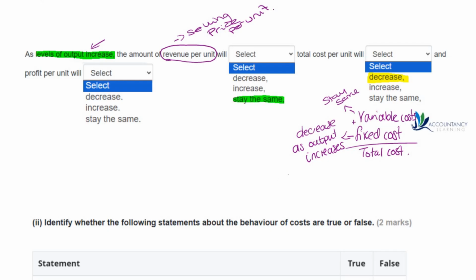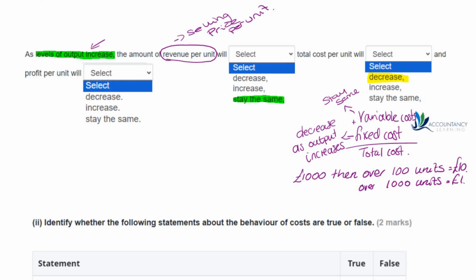So our fixed cost, if we have a fixed cost of 1,000, then over 100 units, it's £10 per unit, but over 1,000 units, it's £1 per unit.